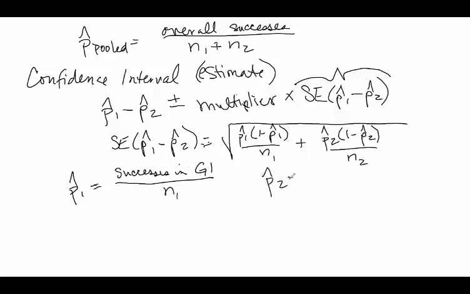And p hat 2 is the successes in group 2 divided by the sample size for group 2. So like if 50 out of 100 people did something and that was your successes in group 1, it'd just be 50 over 100. Correct.